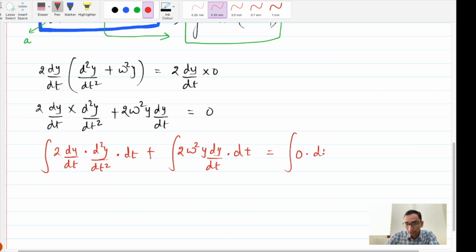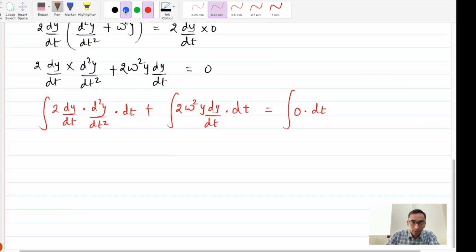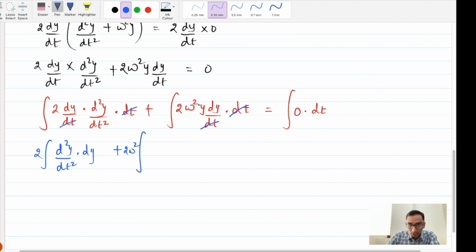What happens is this dt gets cancelled, this dt gets cancelled. So, we have the integration of 2, which is a constant, so it comes out, of d2y by dt2 times dy, plus the integration of 2 omega square, which is a constant, so y dy, is equal to the integration of 0 times dt.